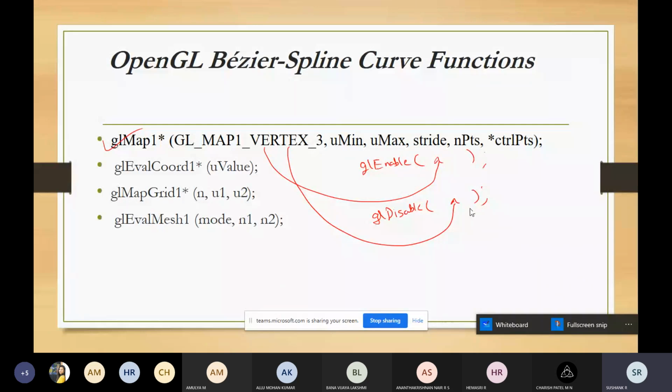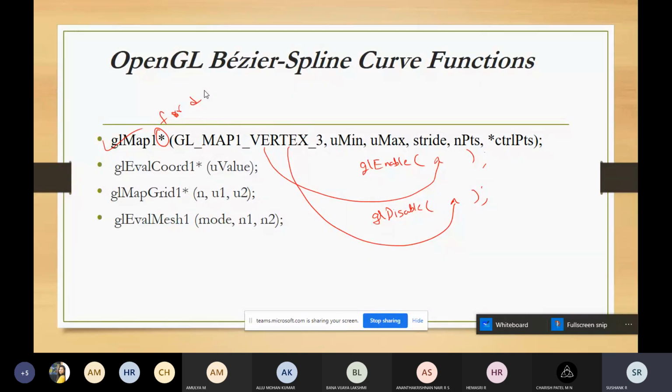Here we have a star. What does the star mean? That star can have f or d as the value, like 1f or d. It tells whether you are using an integer value or a floating point value.